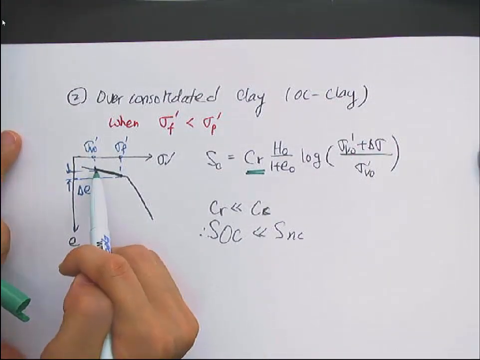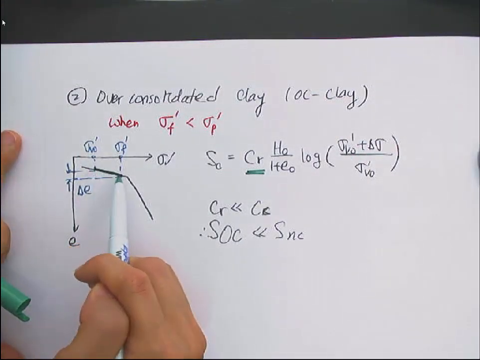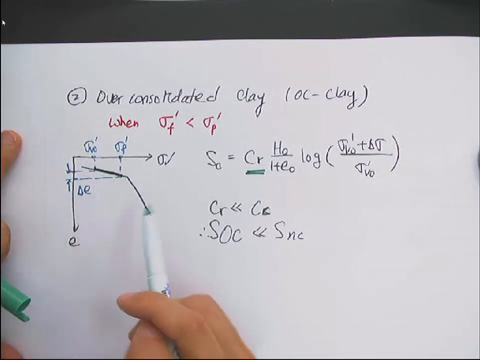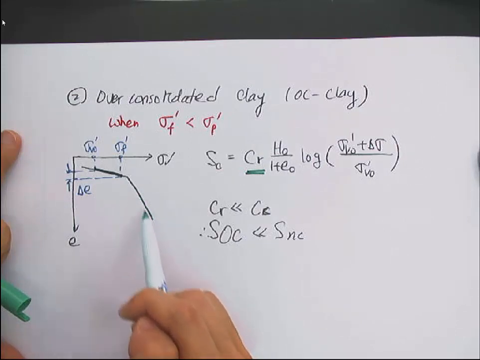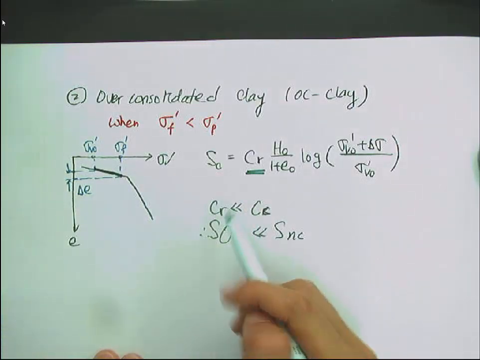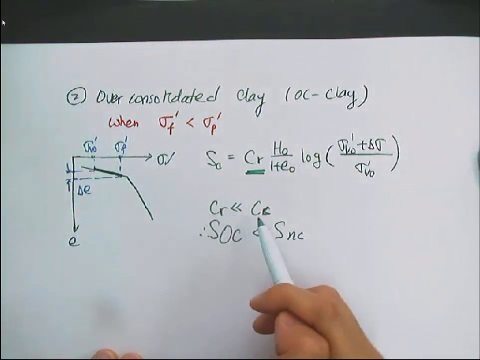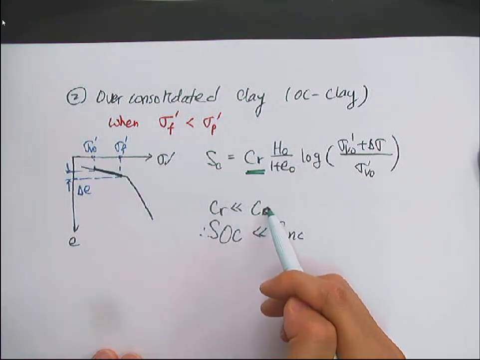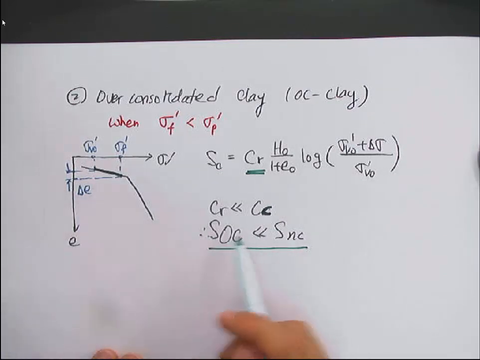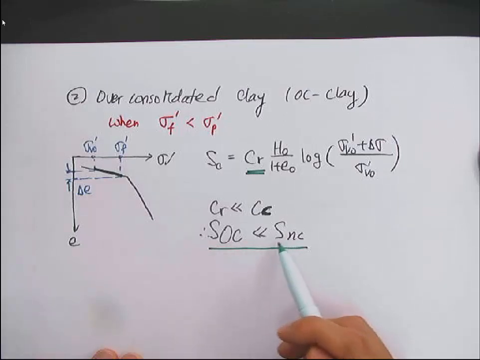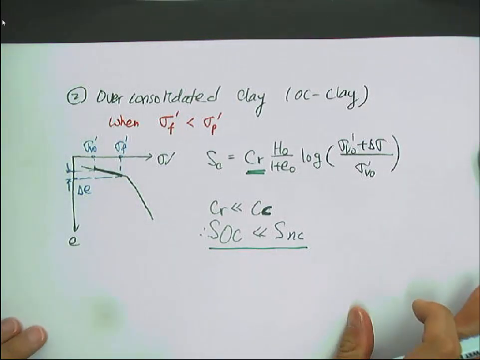It makes sense because the OC clay will follow this recompression curve. But the NC state, the normally consolidated clay, is going to follow the virgin compression curve, so you have to use a different slope. As Cr, the recompression index, is much smaller than the compression index Cc, for the same amount of loading, the settlement in the over-consolidated clay will be much less than the settlement of the normally consolidated clay.